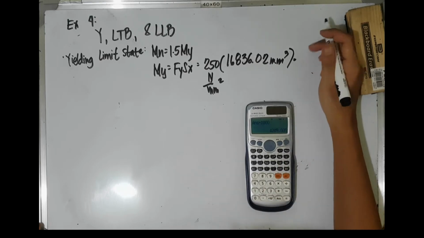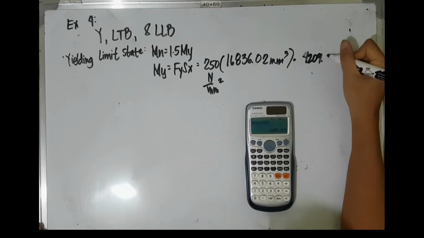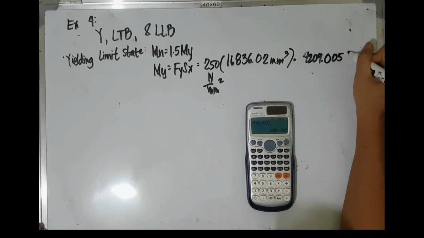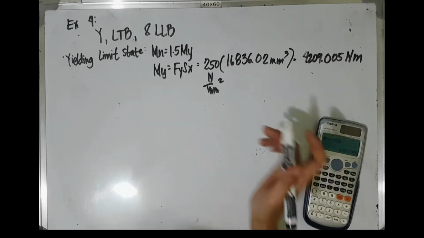So our yielding moment would now be equal to 4,209.005 Newton meter.